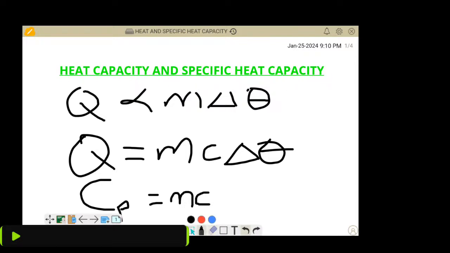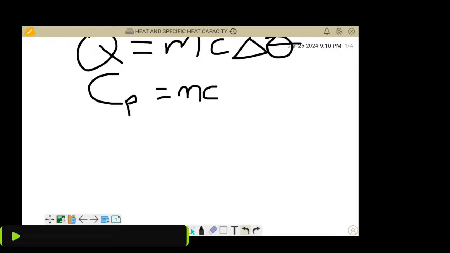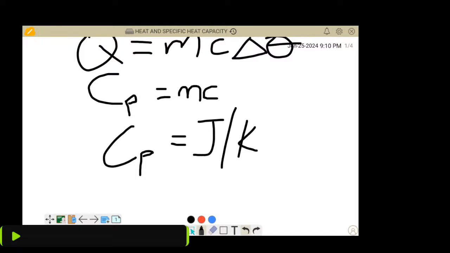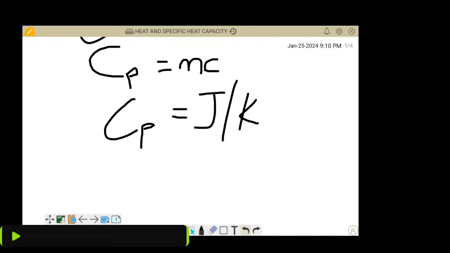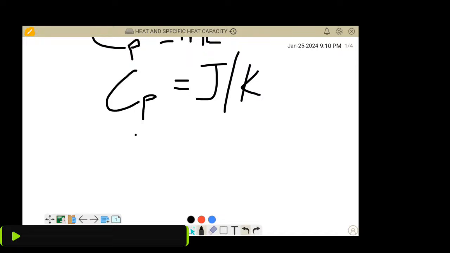Now heat capacity, which is represented with capital letter C subscript P, is measured in joule per Kelvin, while specific heat capacity, small letter c, is measured in joule per kilogram per Kelvin.